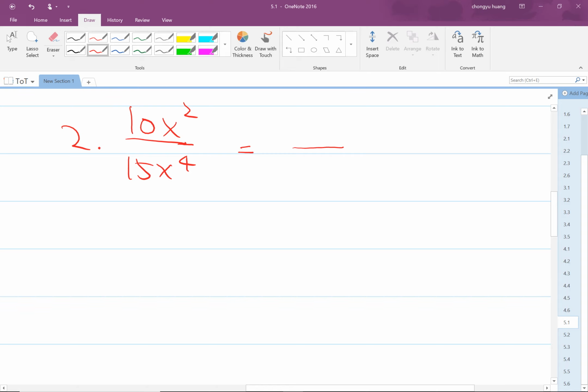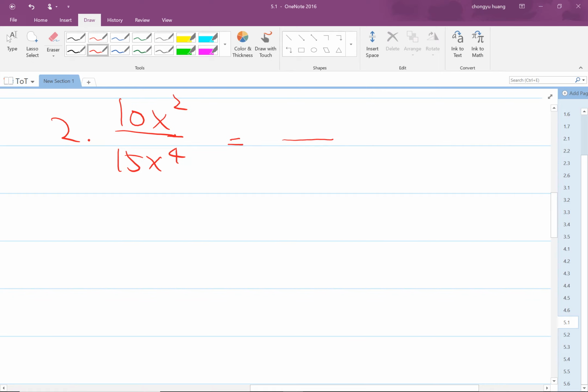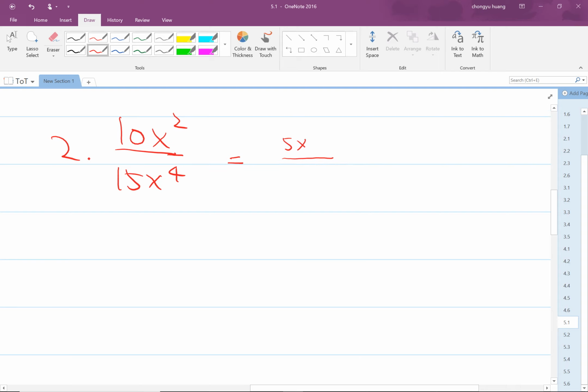Over here we have 10x squared, and 10 is equal to 5 multiplied by 2x squared. On the denominator we have 15x to the power 4, and 15 is equal to 5 multiplied by 3x to the power 4. Now we can cancel out the 5, and that leaves 2x squared over 3x to the power 4.